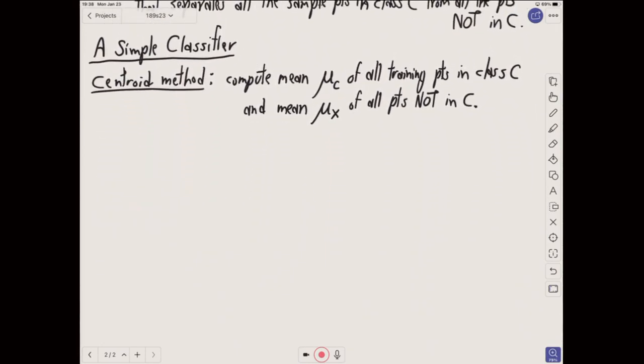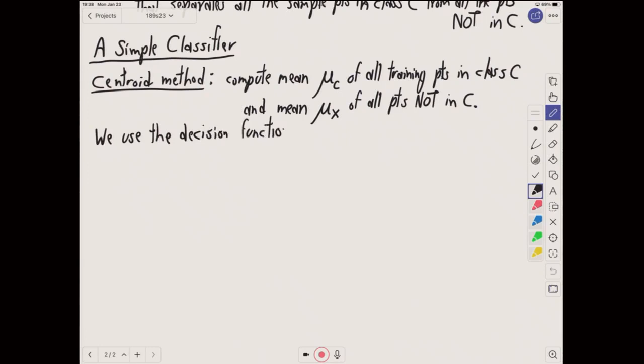Once you've computed those two centroids, it's very, very quick to get to the decision function. The decision function is this. The first idea is that we are going to take the difference between the two centroids, and that's going to be our normal vector.